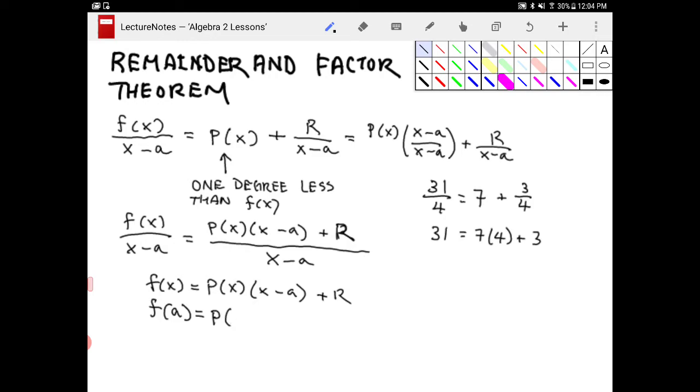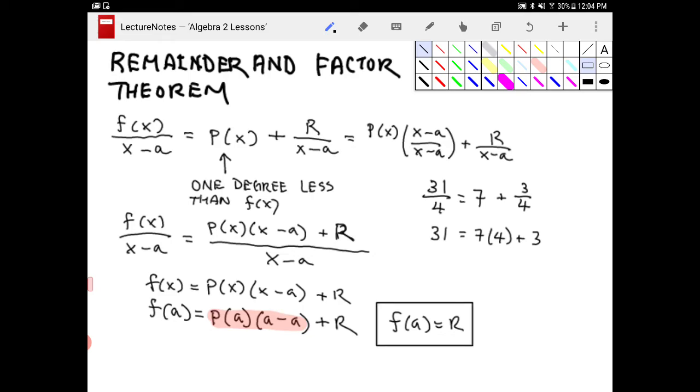On the right-hand side of this equation, I'll end up with p of a times a minus a plus r. I don't know what p of a is, but a minus a goes to 0. So this whole thing will become 0. In other words, f of a will equal r. So f of a is equal to r. This will give me my remainder. This right here is the remainder theorem.